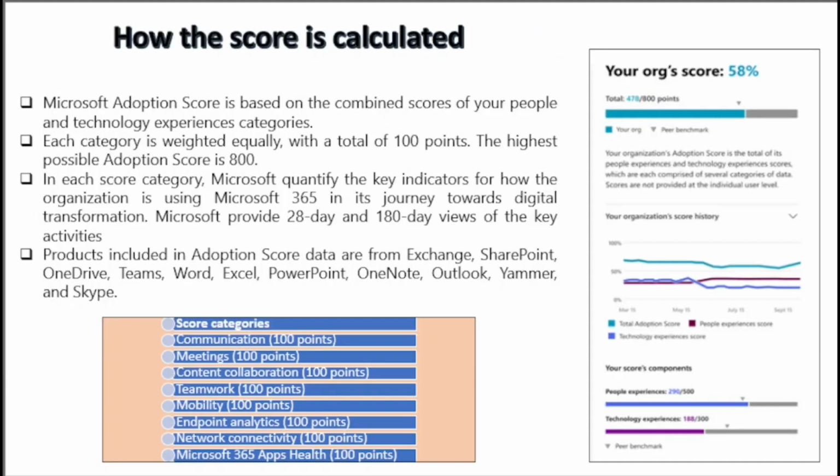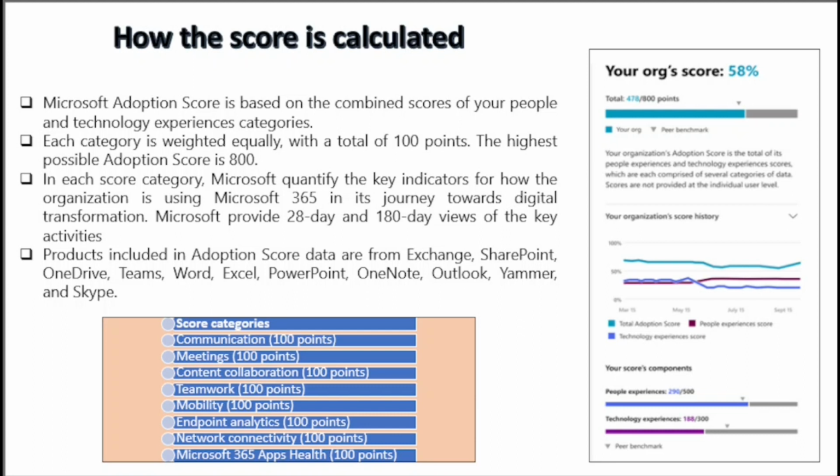Now let's discuss how the Adoption Score is calculated. So Microsoft Adoption Score is based on the combined score of your people and technology experience categories. Each category is weighted equally with a total of 100 points. The highest possible adoption score is 800.